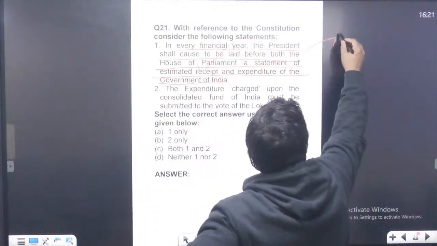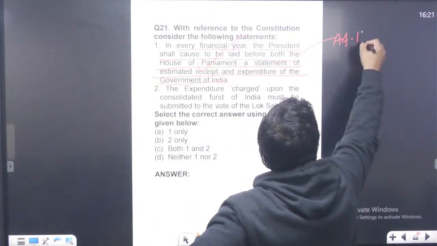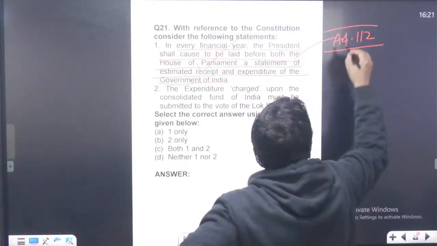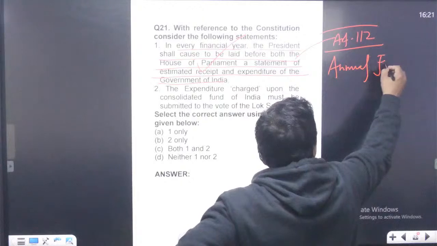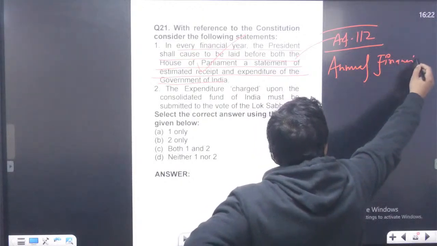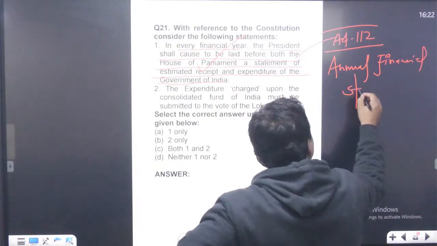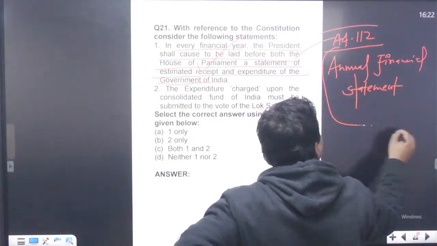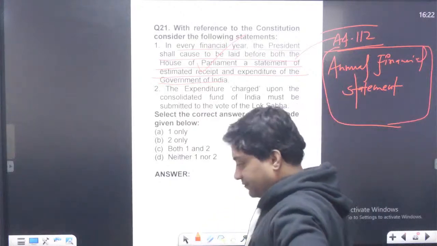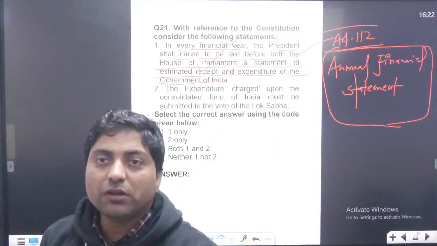That is Article 112. Remember, that is called the annual financial statement.